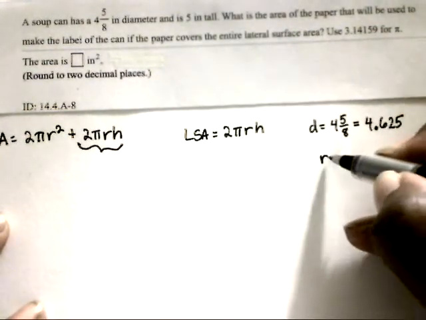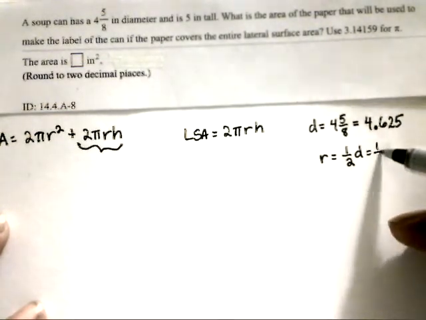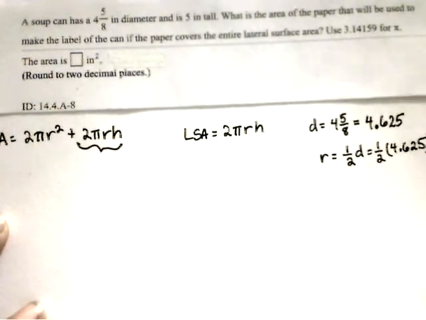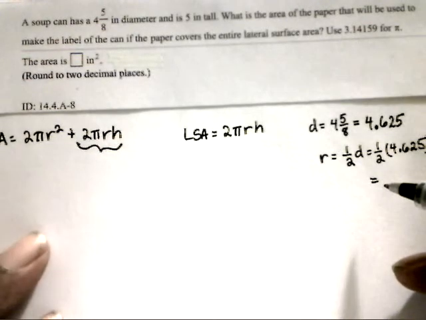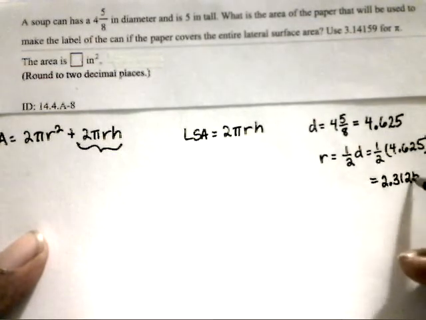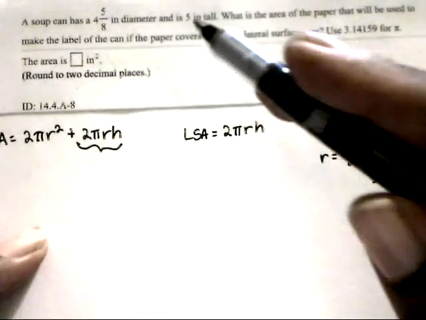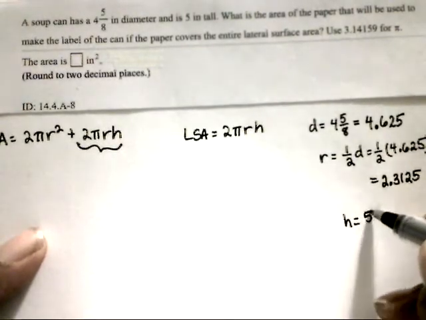The radius is simply 1/2 the diameter, or 1/2 of 4.625, which gives you 2.3125. So that's your radius. And the height that was given to us was 5 inches.